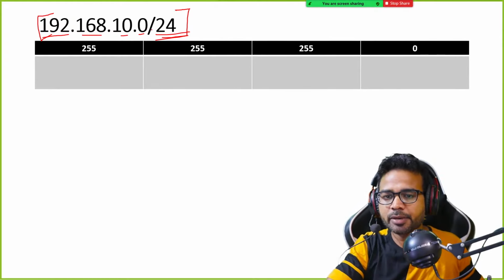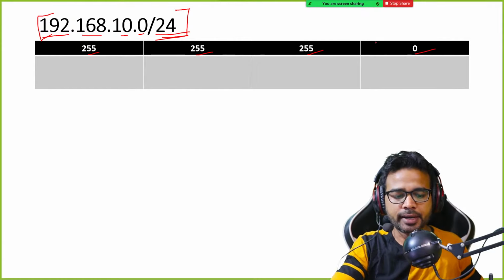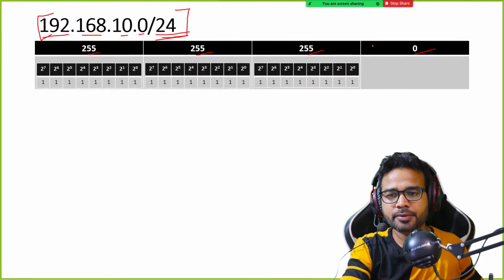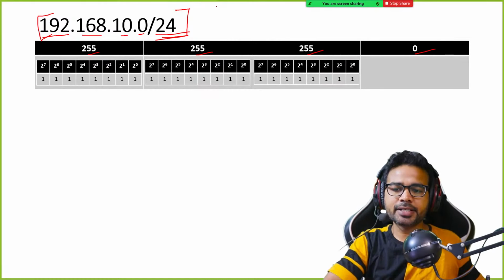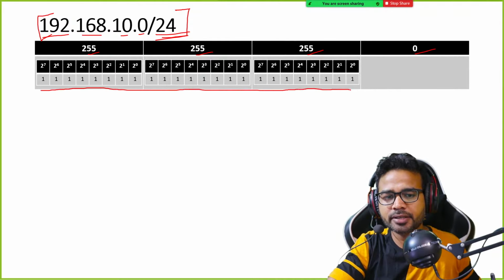And the default subnet mask of class C IP address is 255.255.255.0. Done. In class C IP address, by default 24 bits are reserved for the network. So these are the 24 bits, correct?